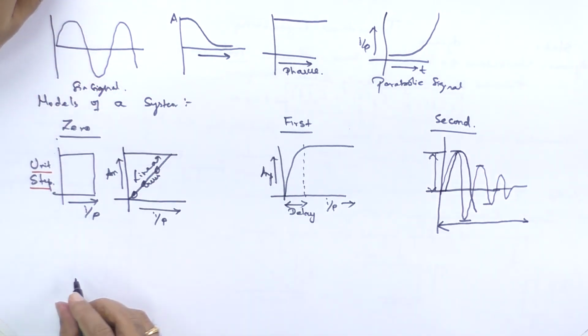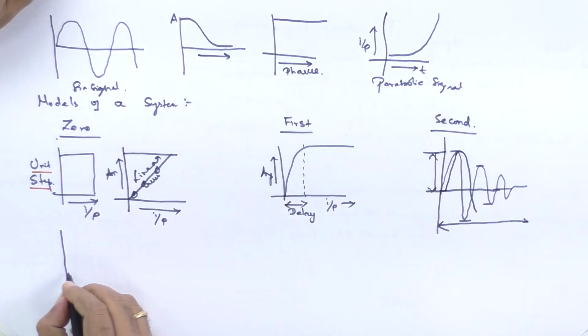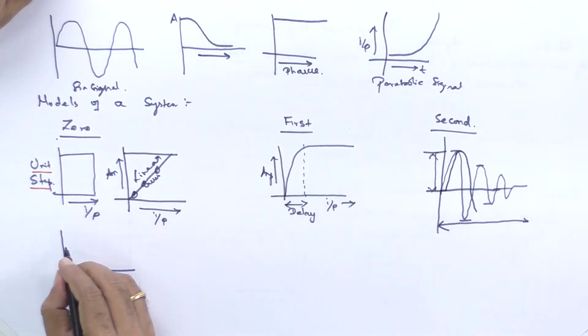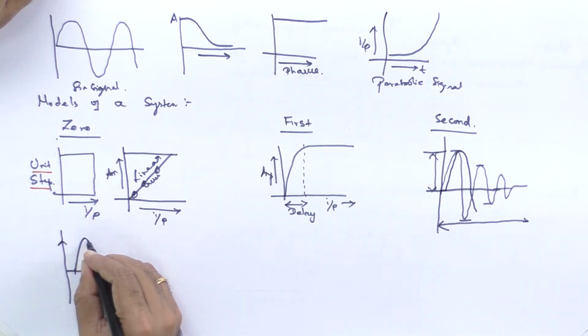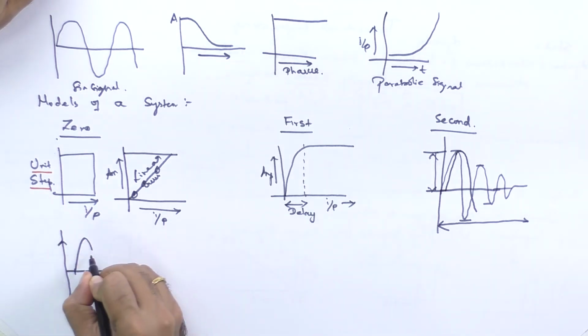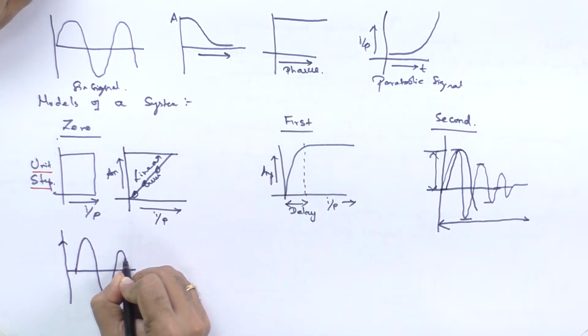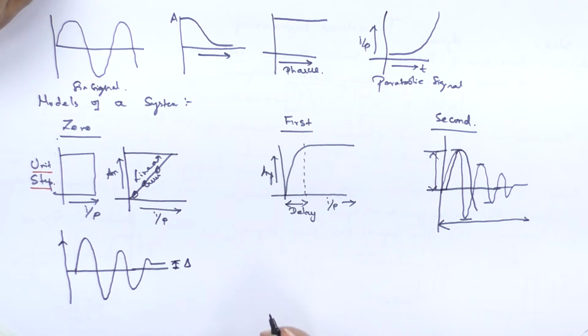There will be a delay and then only it will increase. I will draw here separately. You are giving in the input here, but it starts increasing only here, and it comes down. Okay, so these are the main things.